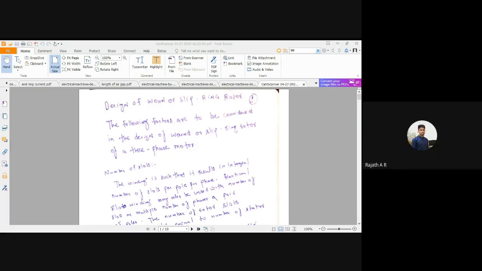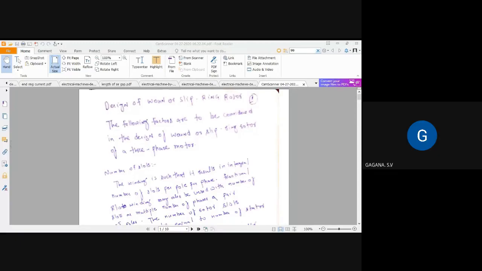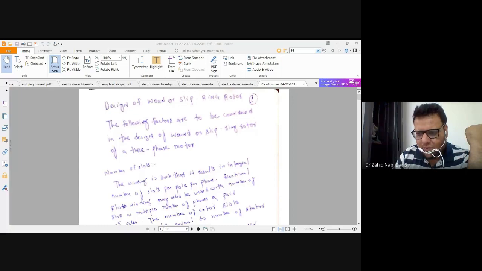Listen carefully. Gagana, how much should my Z be equal to in terms of T phase? It should be equal to 3 T phase or 4 T phase. Listen properly. You are not listening.